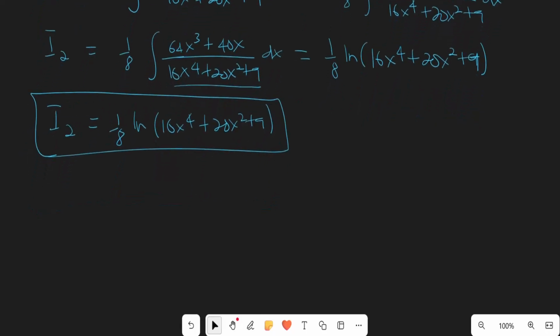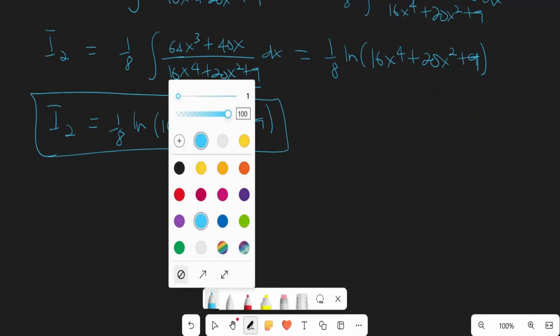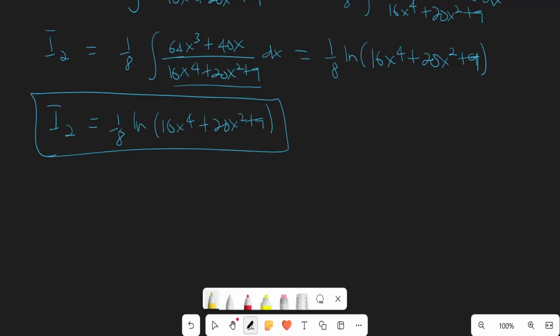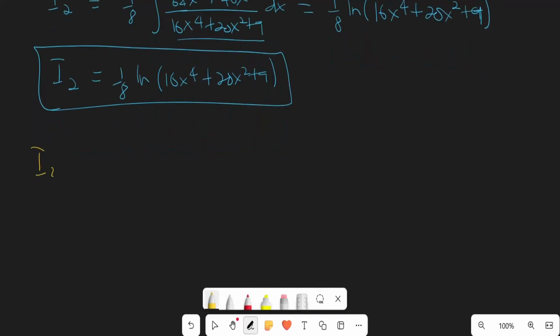Now let's tackle the third integral. I3 is equal to the integral of 3 over 16x to the 4th power plus 20x squared plus 9 dx.